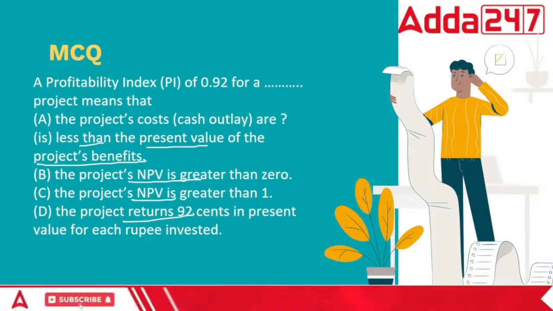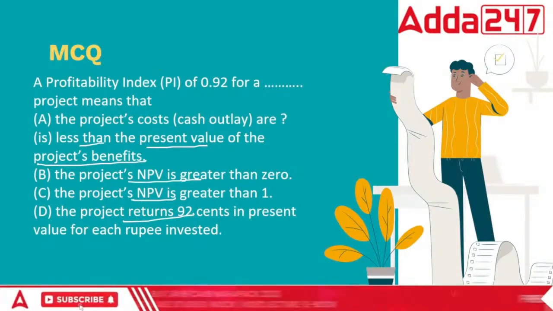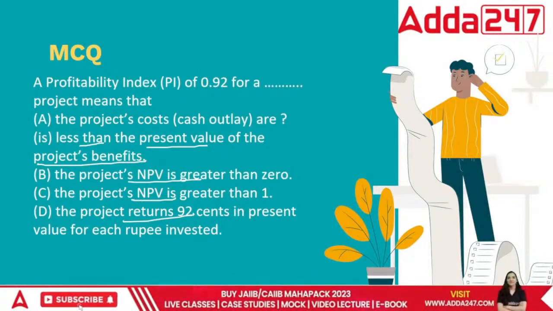If I look at the profitability index, what's the formula for PI, everyone? And this is among the modern methods.